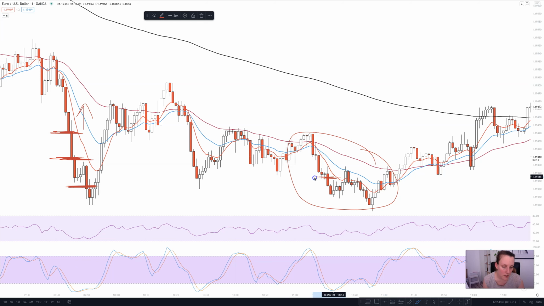When you go in here, for example, and then you go in here, you only have 2 entries, but you can close when it's here at the 50 EMA.